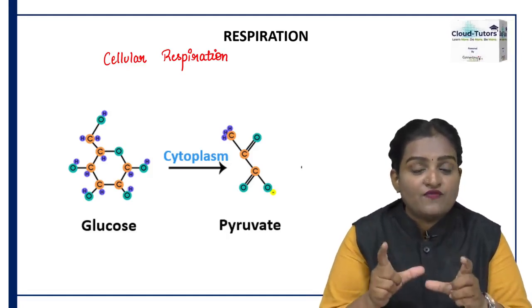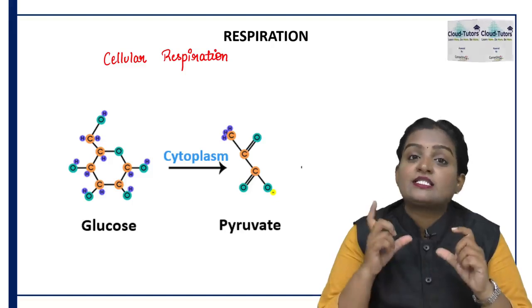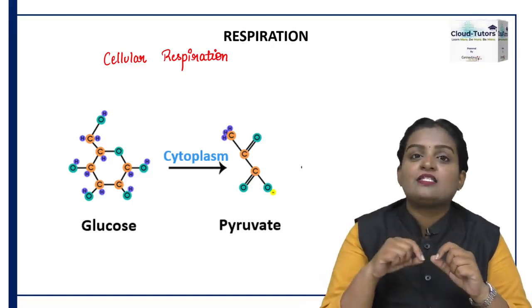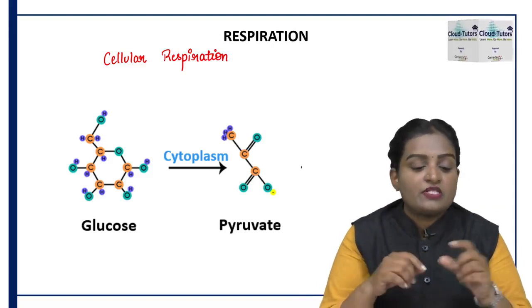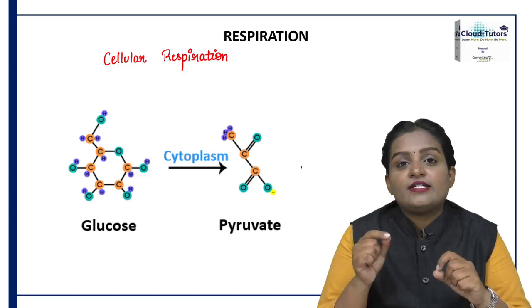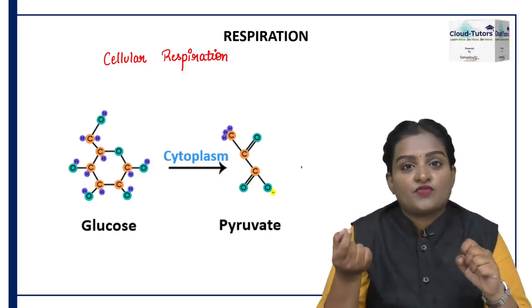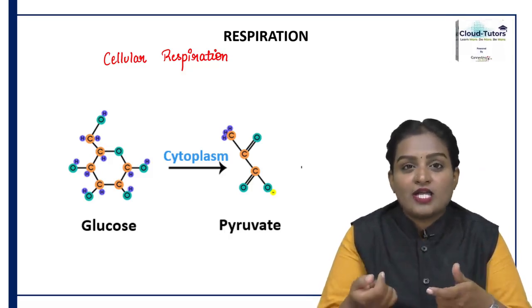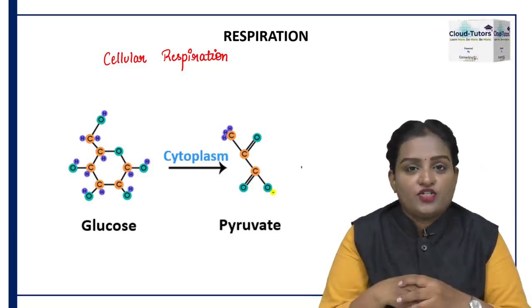Whereas respiration is a biochemical process. It is a cellular process which occurs inside the body, that is the breakdown of glucose. So cellular respiration is a catabolic reaction wherein glucose is broken down in the presence of oxygen, or in some organisms in the absence of oxygen, to give out energy.